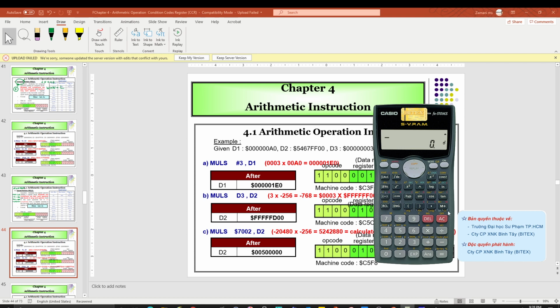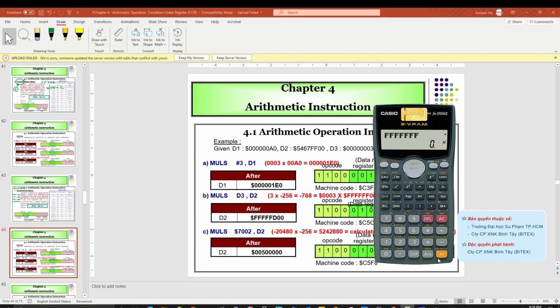But if you put only 7F, 1, 2, 3, 4, 5, 6, 7, you have to imagine that the MSB here is 0. If you convert this one, hex, 1, 2, 3, 4, 5, 6, 7, the MSB is 0.